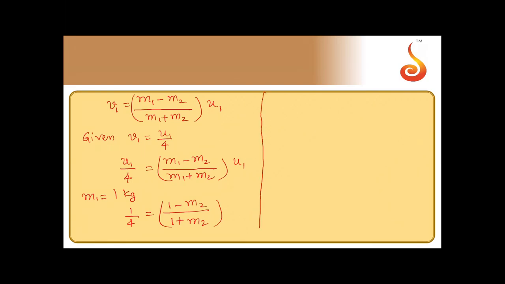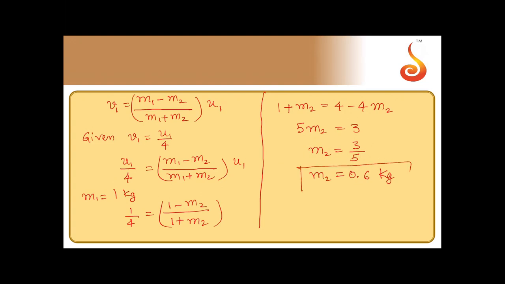So, what do we get? Cross multiply, you will get 1 plus m2 is equal to 4 minus 4 m2. We need to find m2 only. So, 5 m2 is equal to 3. m2 is equal to 3 by 5, that is 0.6 kg. That is option D.